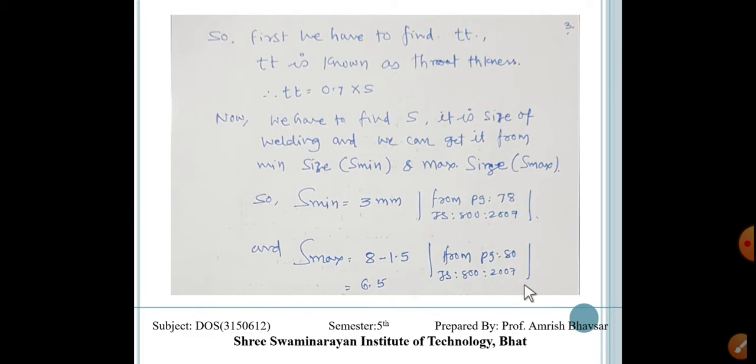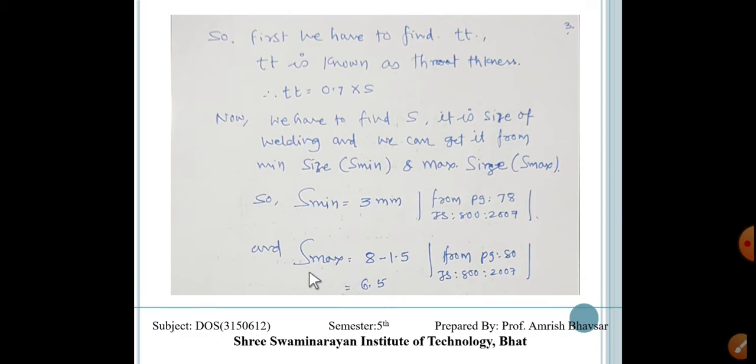On that page they have given us the sketch, and from that sketch we can consider that if the size of plate is, suppose, 8 mm for our case, we can't take the full S. We have to leave 1.5 mm distance for the welding.